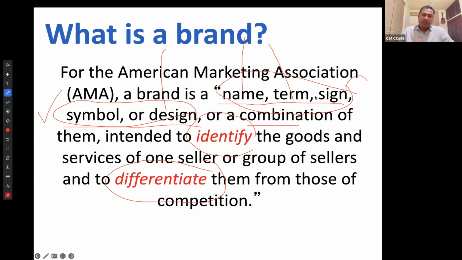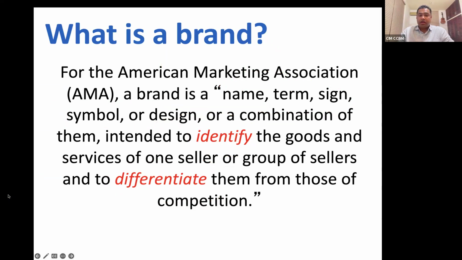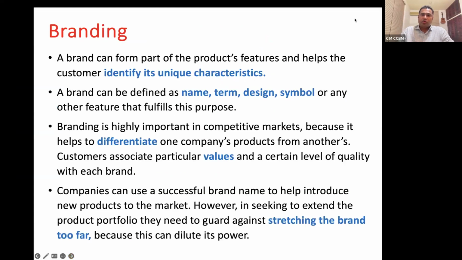Any of these which can be used to identify a brand, a product, and to differentiate it from that of competition can be classified as a brand. Here we talk about the definition of a brand and what branding is.